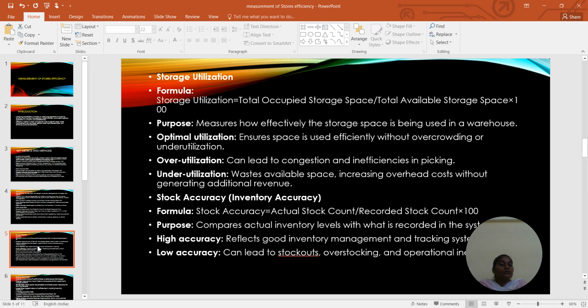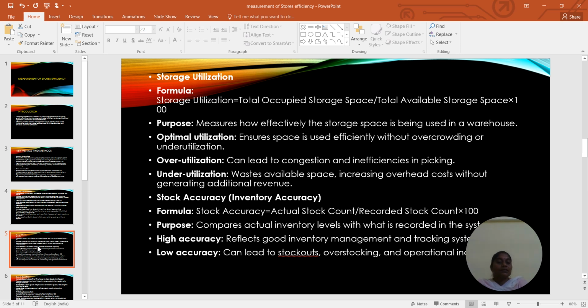Optimum utilization of the storage space leads to efficiency without overcrowding or underutilization. Overutilization can lead to inefficiencies in picking, and underutilization wastes the available space and increases the overhead cost without generating additional revenues. It is calculated by total occupied storage space divided by total available storage space into 100.